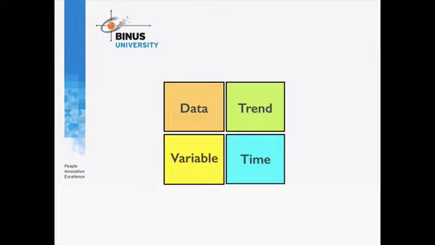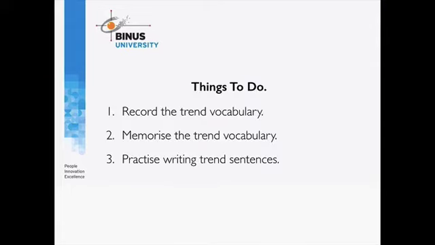Now, it is important to practice and to become familiar with writing out these trends. So just to close this session, I want to suggest a few things that you need to do in order to improve your skills with writing trends. The first thing you need to do is to make sure that you know the trend vocabulary. And here, remember that, as I said, one way to score highly in your writing is to use interesting vocabulary.